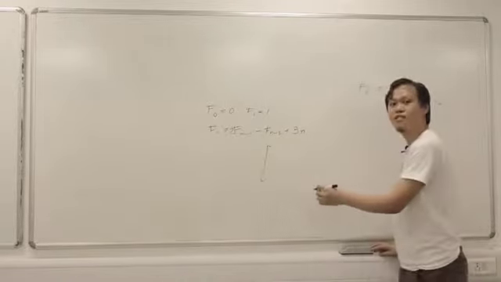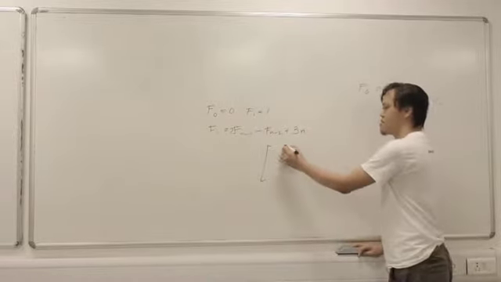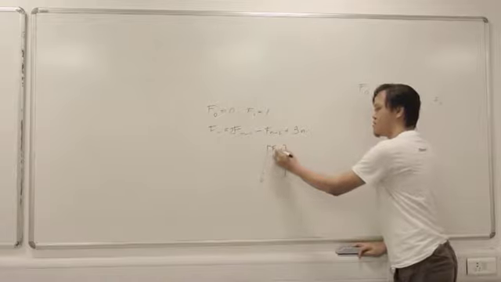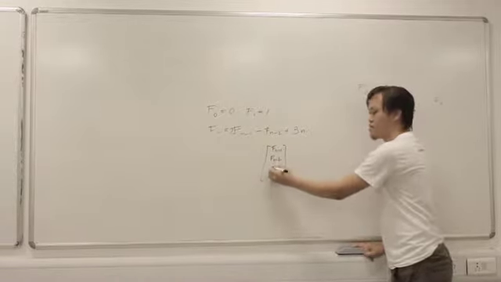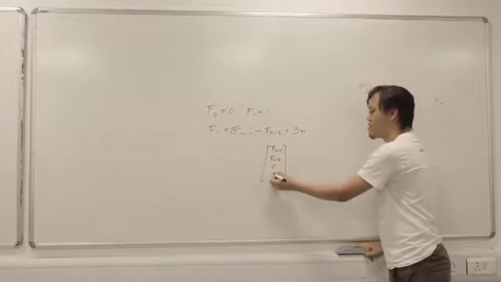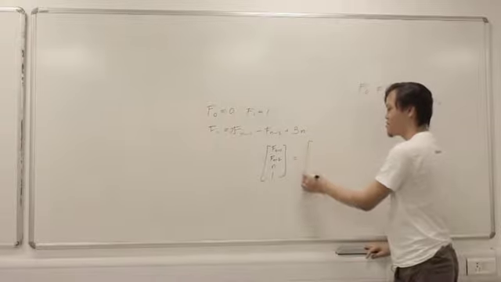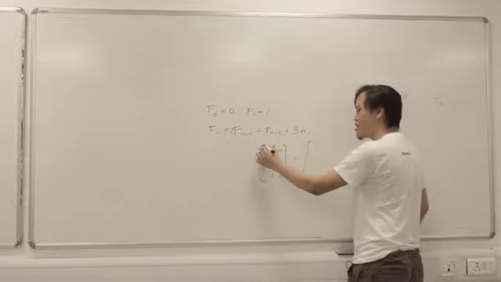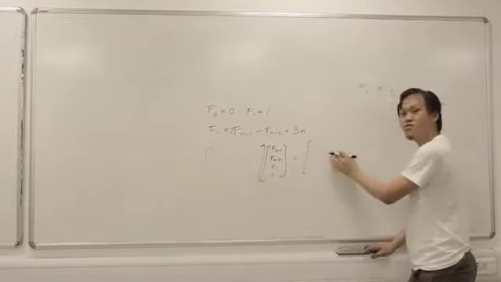One is for the first thing, f(n-1), then f(n-2), then n, and then 1. So what your goal is to find a matrix that transforms this into f(n-1), n+1, 1.